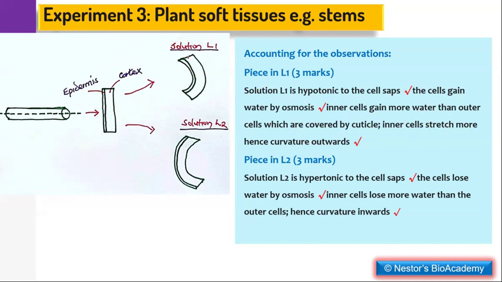Remember, we said, though we have cells on this region beyond the cuticle, because they are covered by a waterproof cuticle on this end, the rate at which these cells are absorbing water would be less compared to the rate at which these inner cortex cells will be absorbing water because they are not covered by any waterproof cuticle.